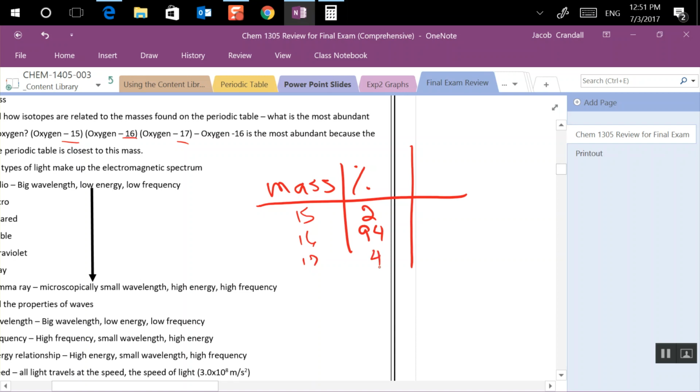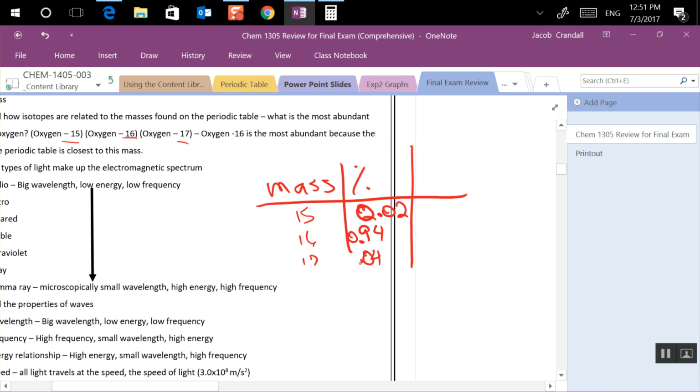Okay? And so you'd say, but I don't use 2. I don't use a 2 there. What do I use? 0.02, 0.94, and 0.04. Okay?